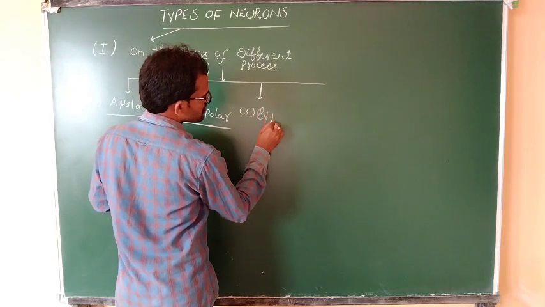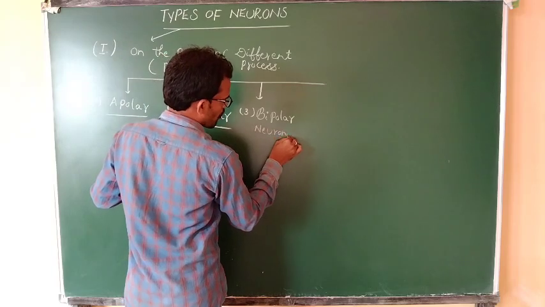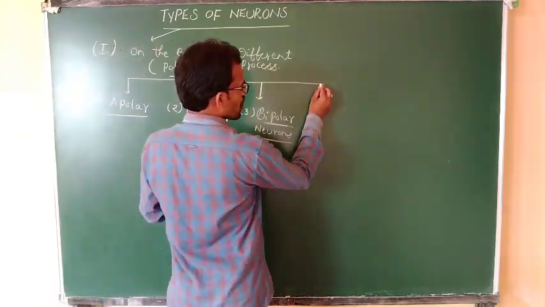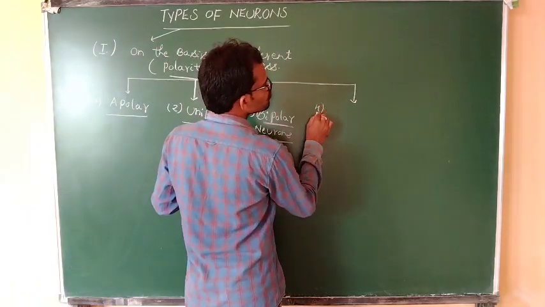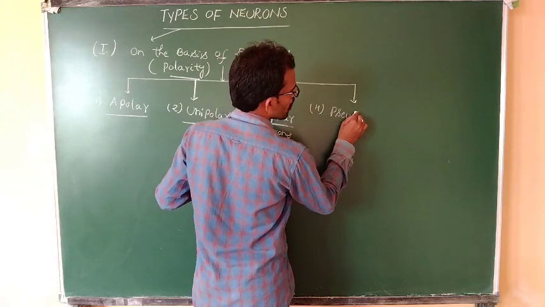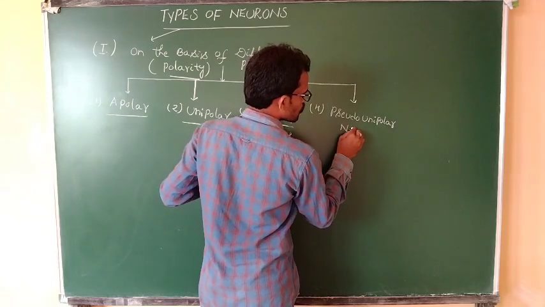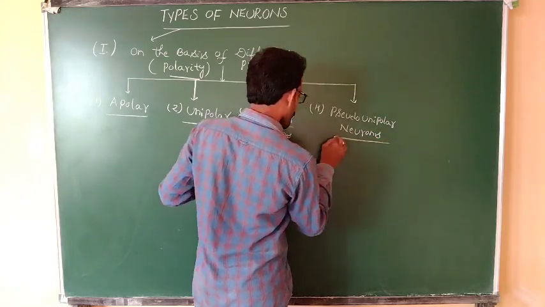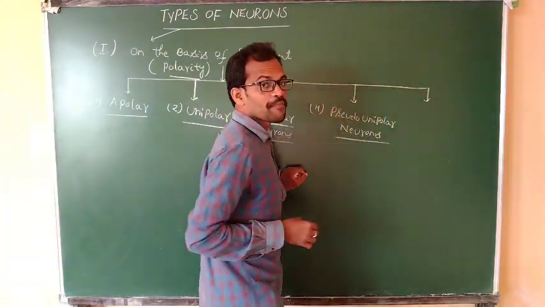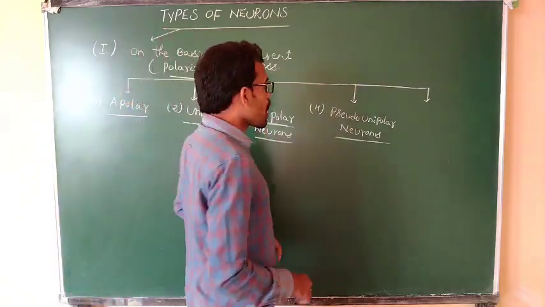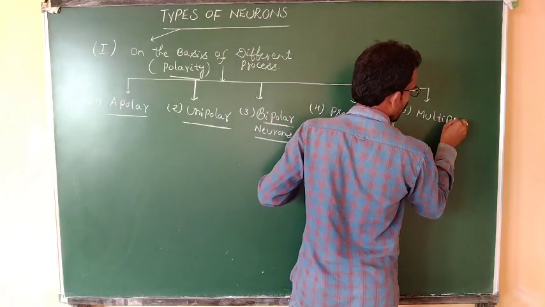Bipolar neurons. What is the fourth? After the bipolar neurons, pseudo-unipolar neurons. The fifth type of neurons is known as multipolar neurons.